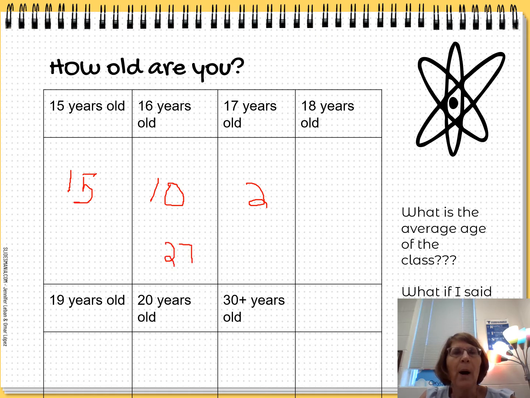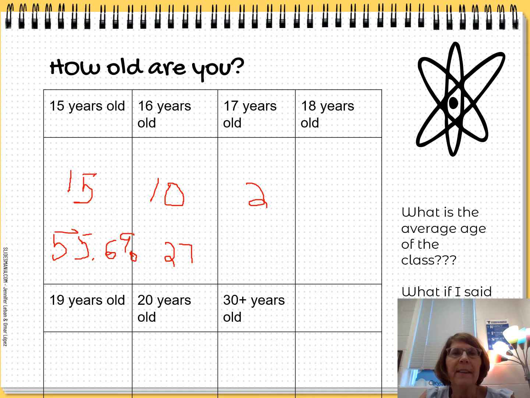So we want to figure out the percentage of 15-year-olds in this class. So we're going to do the 15 divided by the 27, and we end up with 55.6% of 15-year-olds in this class. I'm just making these numbers up.